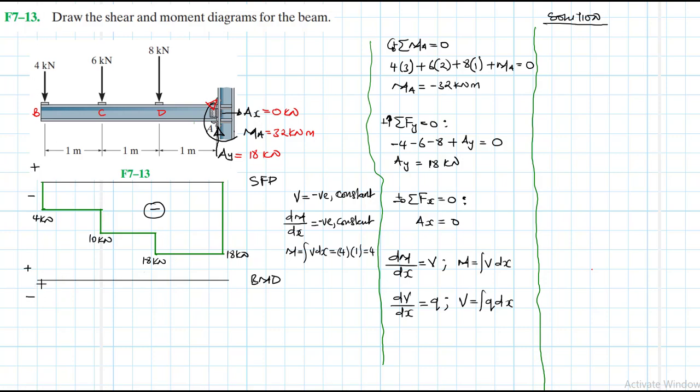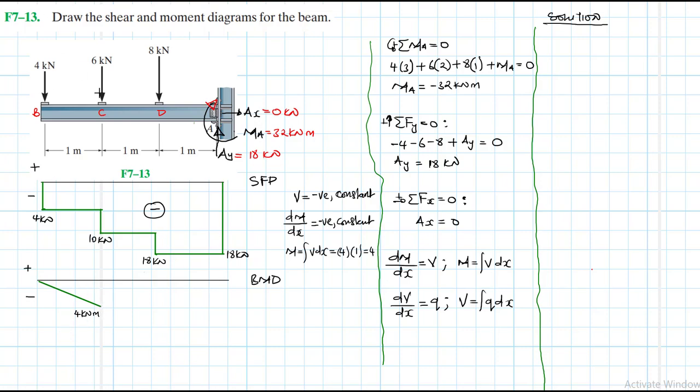Okay, so our slope we said is constant, so let's draw it at negative, up to somewhere there, where C is. All right. What is this value? We said this value is 4 kilonewton meters. This is 4 kilonewton meters.